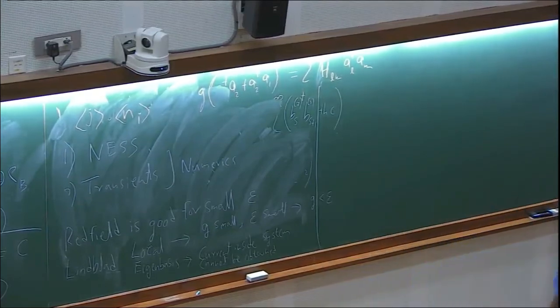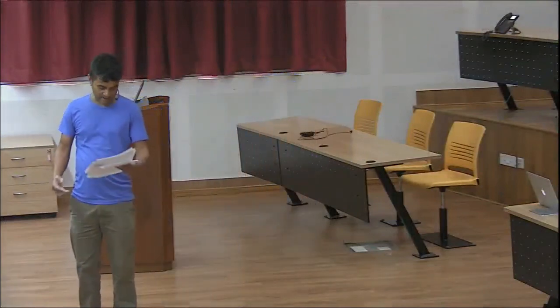Okay, so that's the summary. The main message is that we have this very nice set of equations for arbitrary non-interacting systems; it need not be two sites, it can be in any dimension and so on.